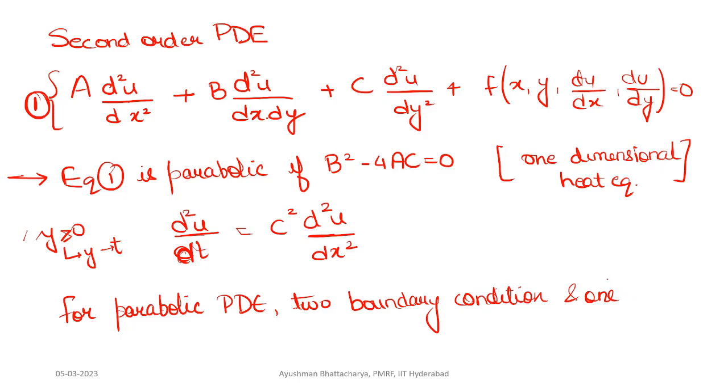Two boundary conditions, because to solve this differential equation you have to integrate it two times. Sorry, this won't be square. du by dt is equal to c square d square u by dx square.